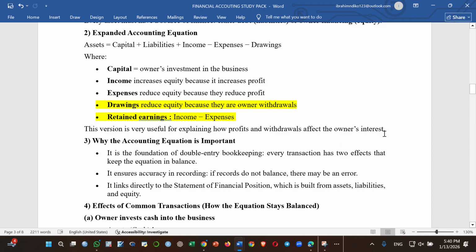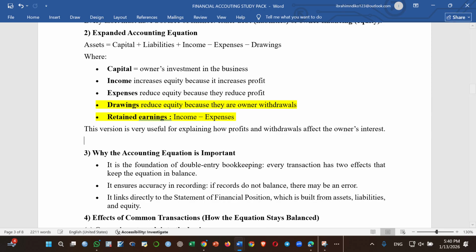Now, why is the equation important? Before we continue, we need to notice something. NB, the equation uses the double entry system rule. What does it mean?